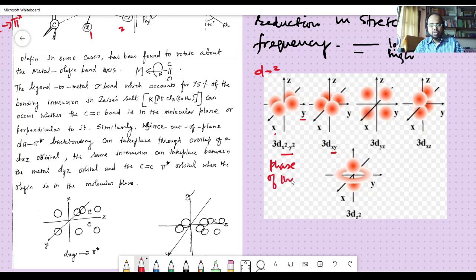Phase of the lobes means, this is one lobe. If both the lobes are in similar phase, we put plus, and if they are in different phase, we put minus. So here is a picture of xz, yz and dxz.